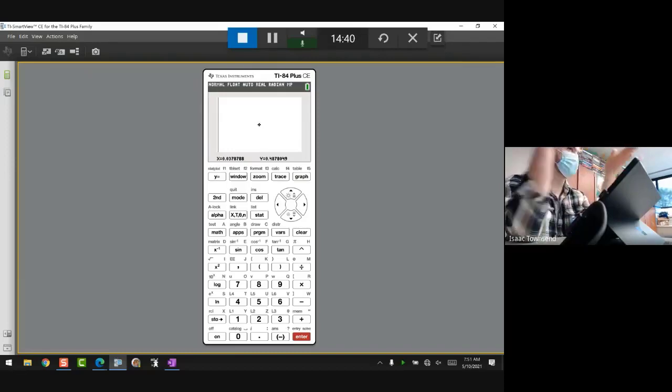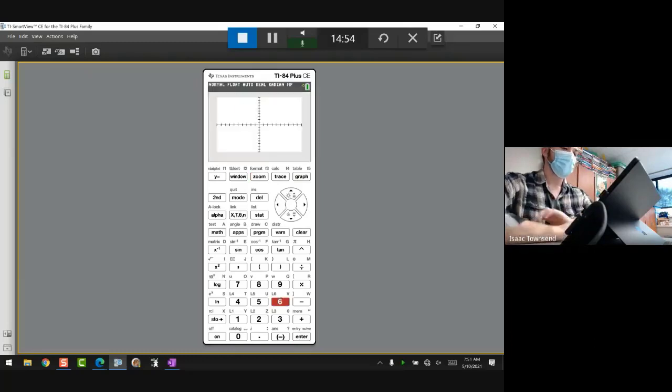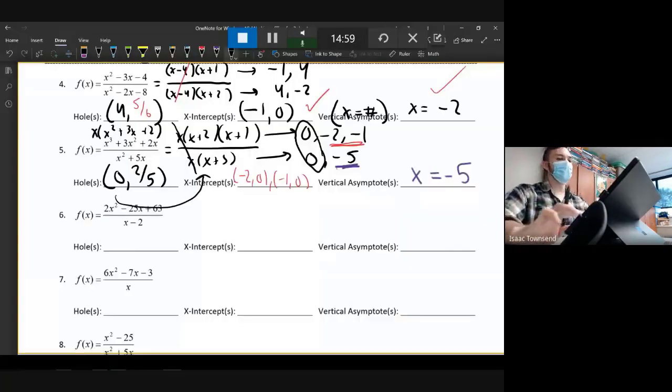Everything to the left and everything to the right. So when it's filling in those pixels, it's trying to see, does it exist here? Does it exist here? So it makes it look like it exists in the middle. There's no good way for it to bubble in a circle like we will do. So your calculator just doesn't show holes very well, but that's okay because we can find them algebraically this way.